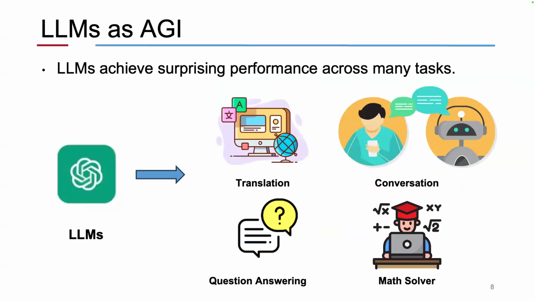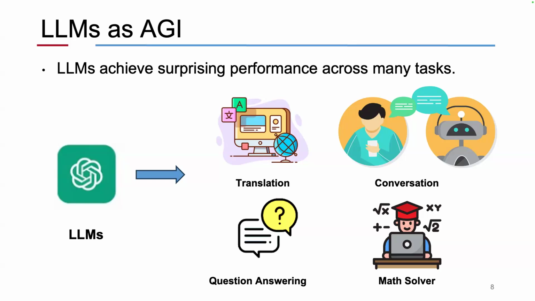Because LLMs are currently really powerful, we can use an LLM to translate from one language to another, from English to French to Chinese, and we can also use an LLM to answer very complicated questions, right?